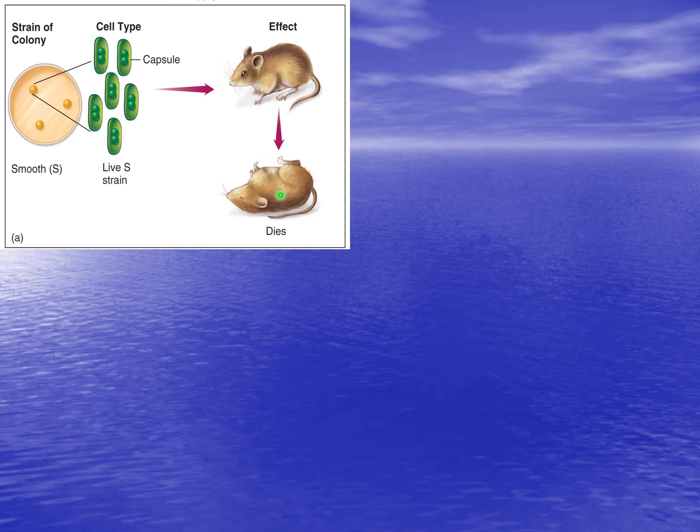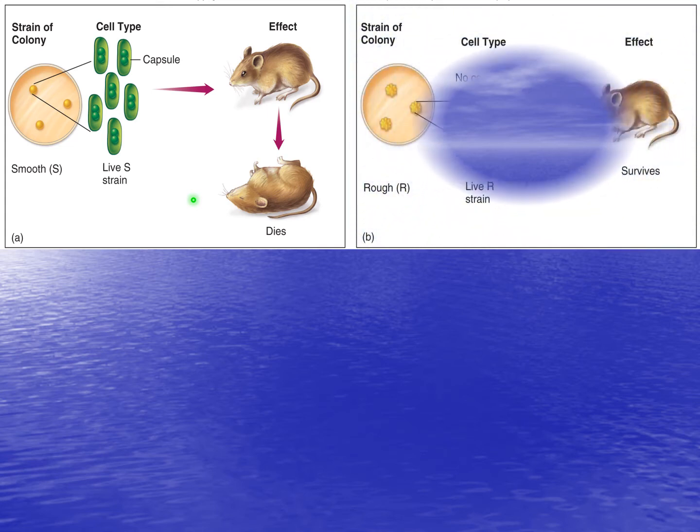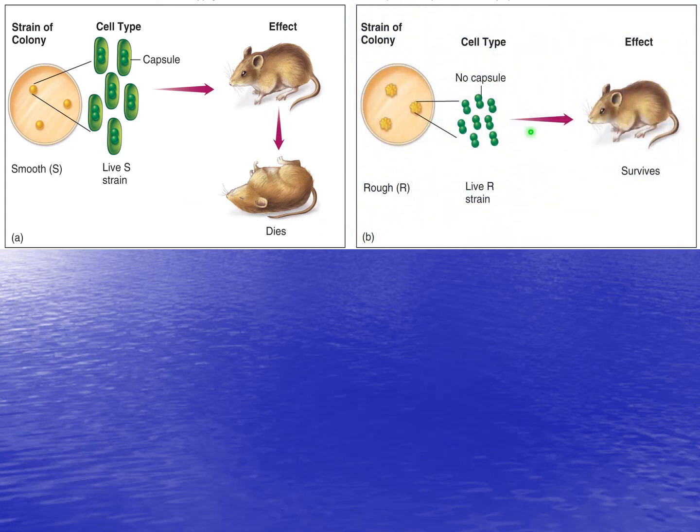And he did re-isolate and said, yep, he got live encapsulated strains back out of the dead mouse. Then he took the non-encapsulated, grew them in a pure colony, injected into a mouse, and even though the mouse may have gotten sick, it didn't die and actually recovered from the disease, and nothing was actually recovered from the mouse.